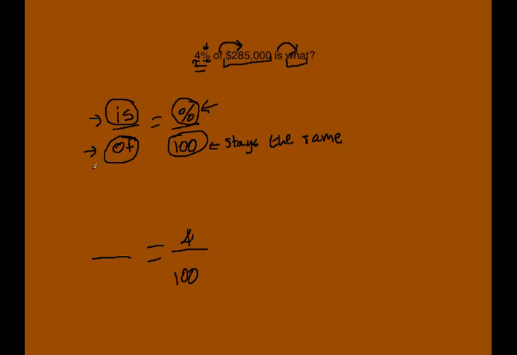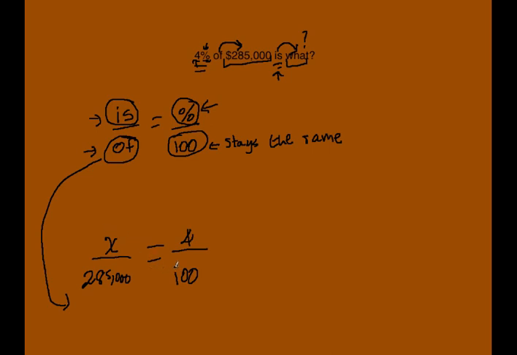So my of, what I replace on the bottom, is 285,000, and my is, I don't know what is. So that's the reason why, when you're doing this problem, you're going to replace it by an x, because you don't know what is.